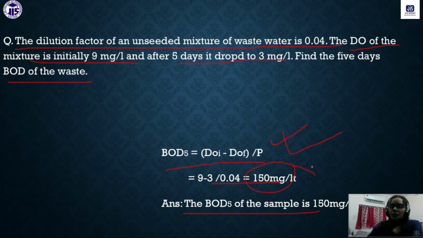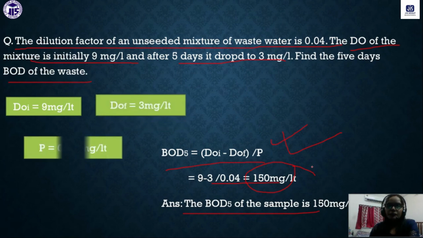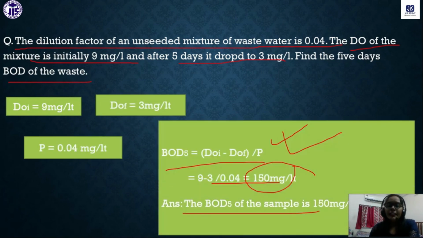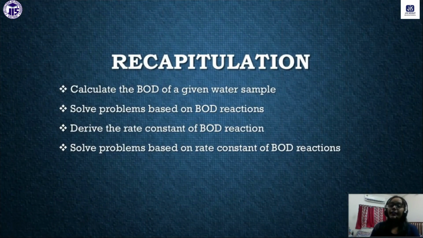So this is all about today's class. Next day we will discuss problems based on the rate of the BOD reaction, the rate constant.